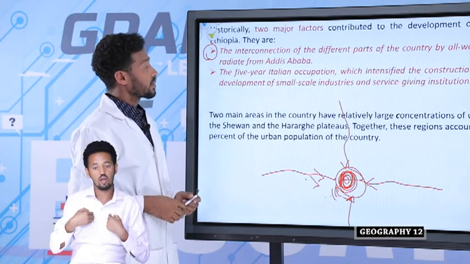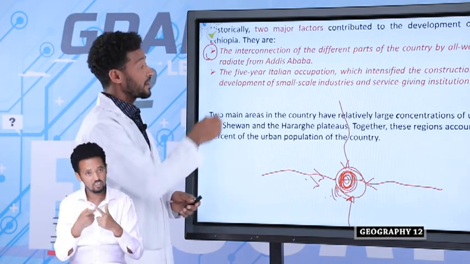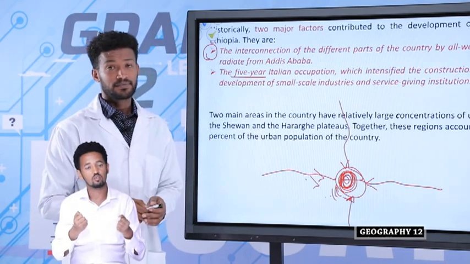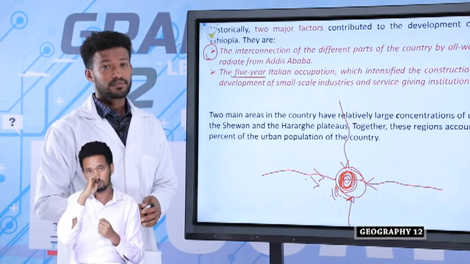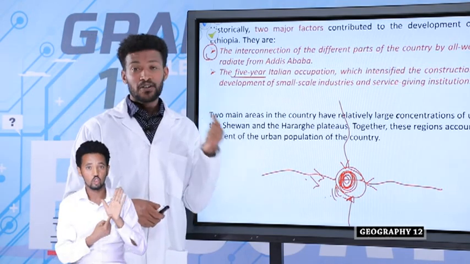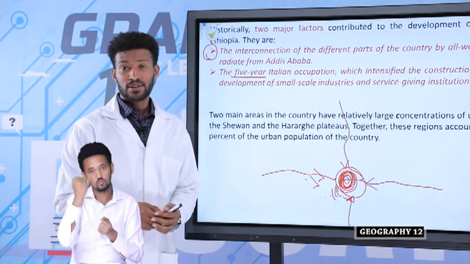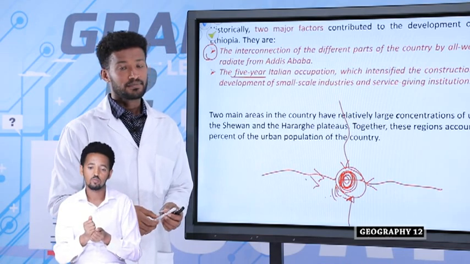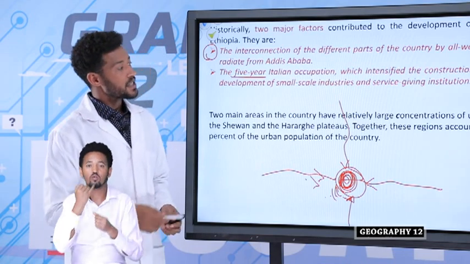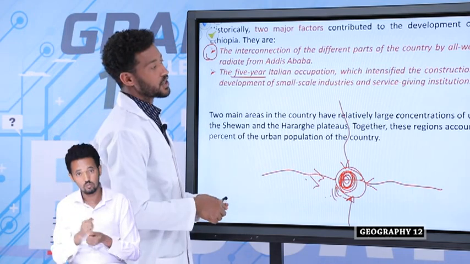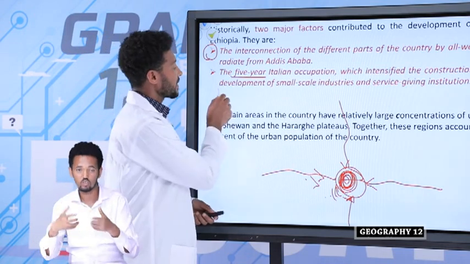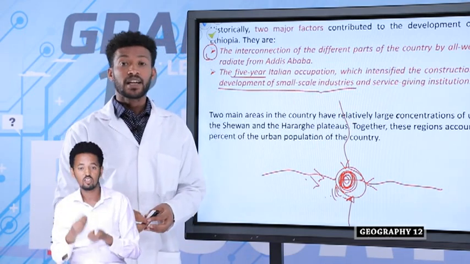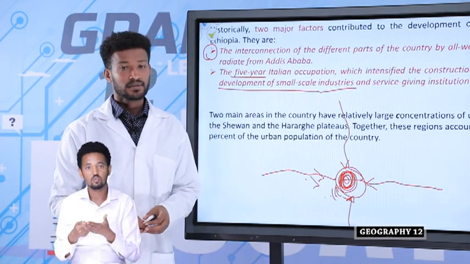The second factor is the five-year Italian occupation in Ethiopia. This shows the role of Italians in the development of urban areas in Ethiopia, which intensified the construction of roads and the development of small-scale industries and service-giving institutions in the country.